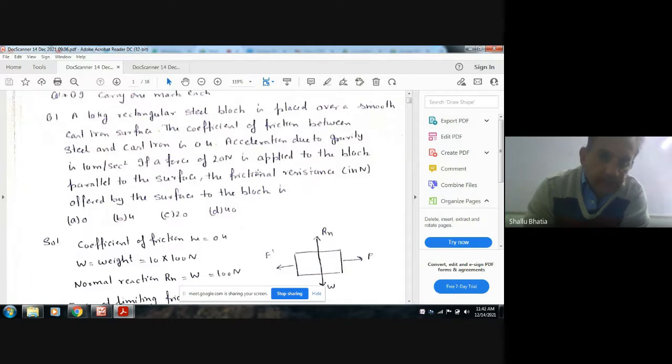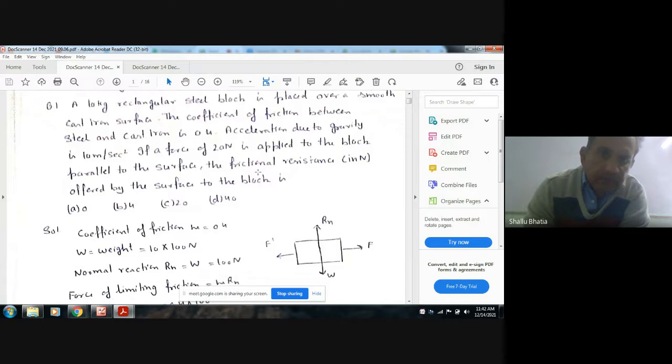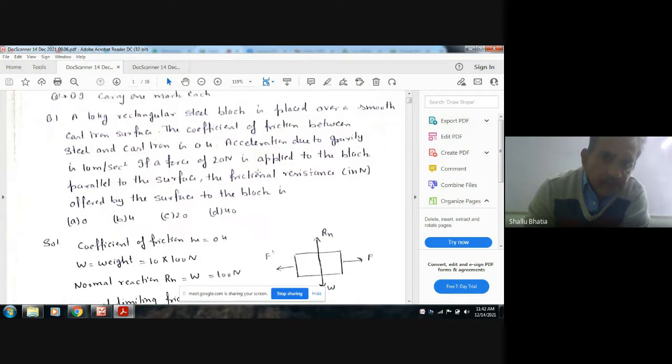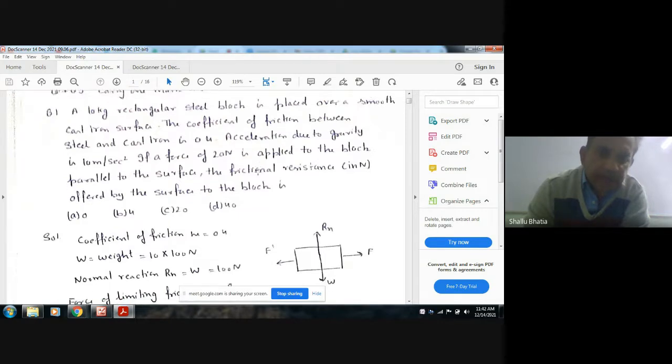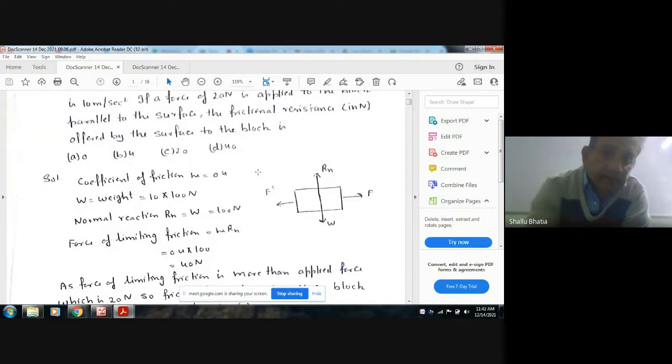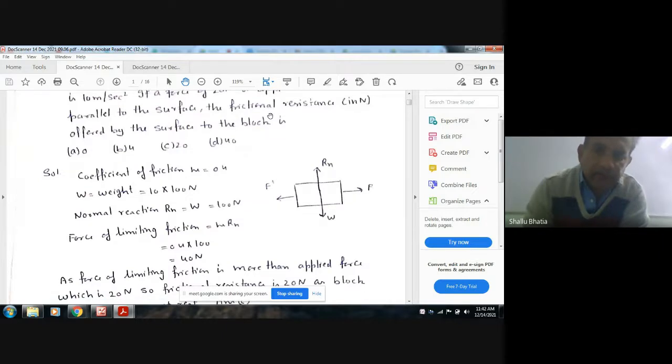The coefficient of friction between the steel block and the cast iron surface is 0.4, and the weight of the block is 10 kg. If we consider the limiting friction, then Rn is equal to W and F dash will be mu Rn.